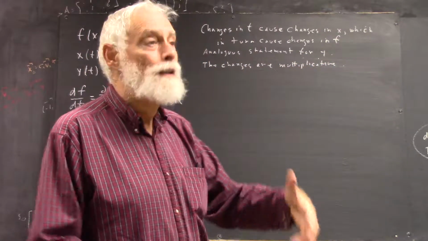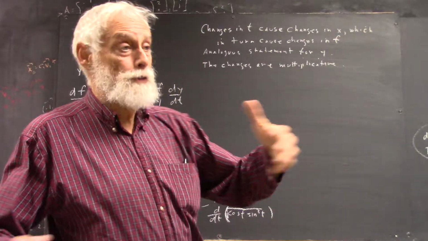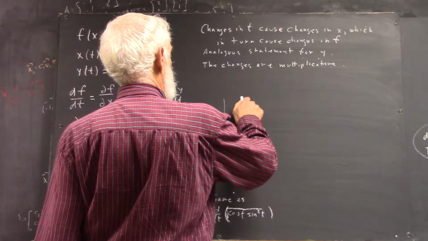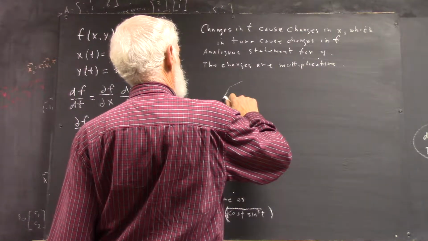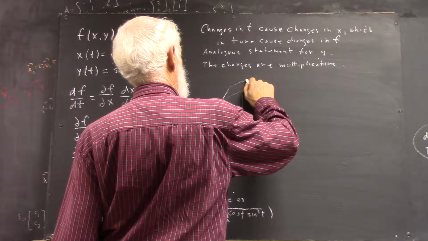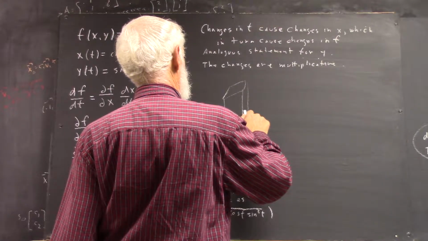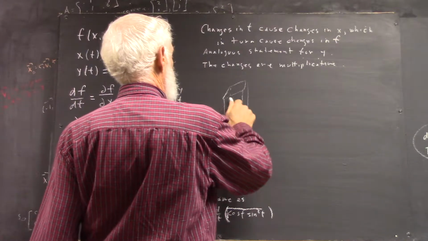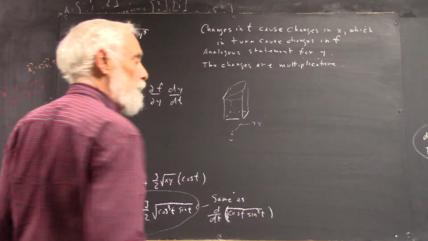You know, changes in t cause changes in y, which in turn cause changes in f. And we know from our basic picture that, you know, if this is the y direction, this is the x direction.